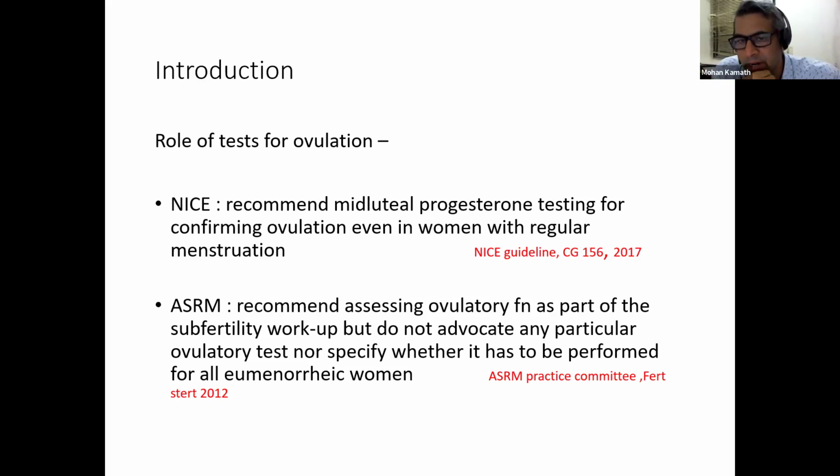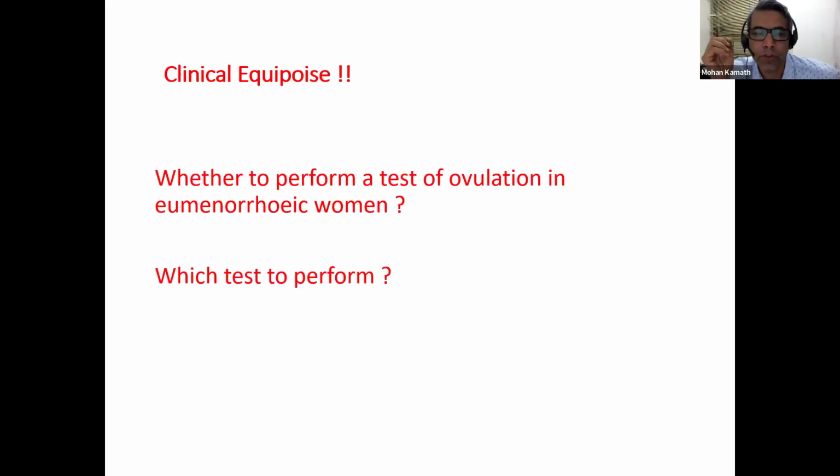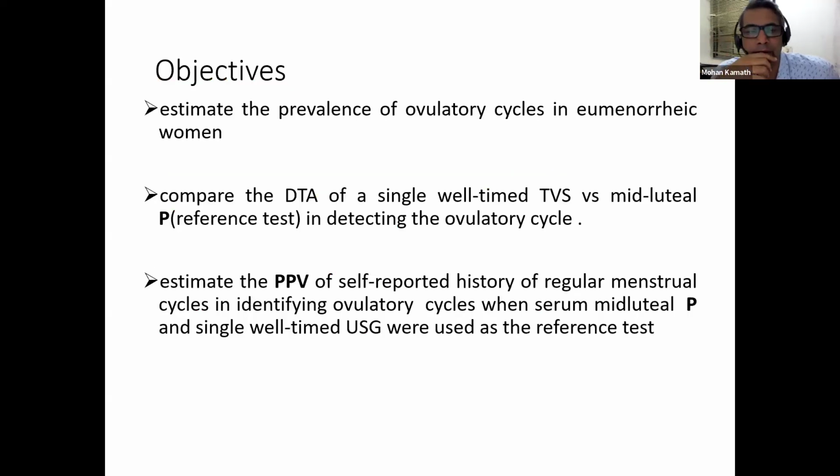Surprisingly, NICE did recommend mid-luteal progesterone, even stressing that it should be done for regularly menstruating women. Whereas the ASRM wasn't so stuck up with the test. It was giving you a little more leeway in terms of whether to perform it or not. So we had a question whether we should perform a test of ovulation for eumenorrheic women, and if yes, when, which test.